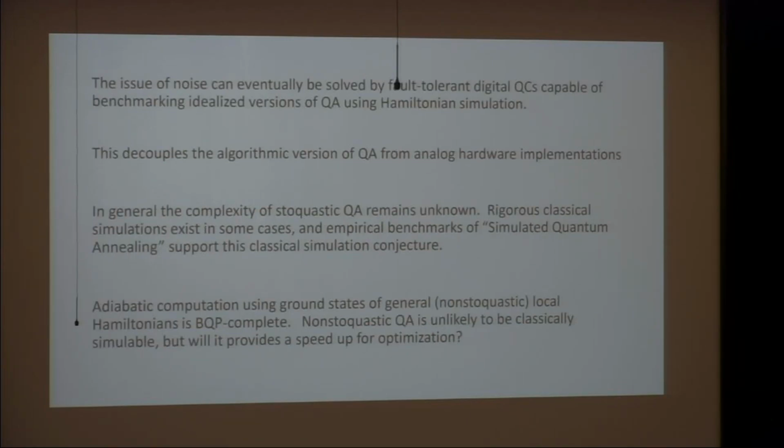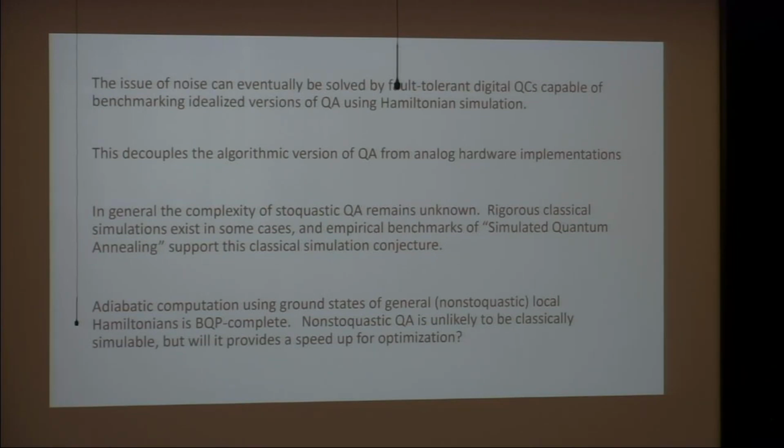So the issue of noise, we know one way to deal with that is to say, well, eventually one day that can be solved by fault-tolerant digital quantum computers, say gate model quantum computers, that are capable of at least benchmarking idealized versions of quantum annealing using Hamiltonian simulation.